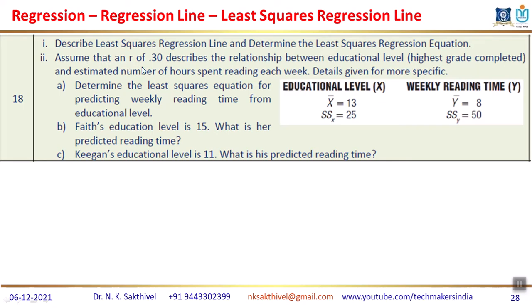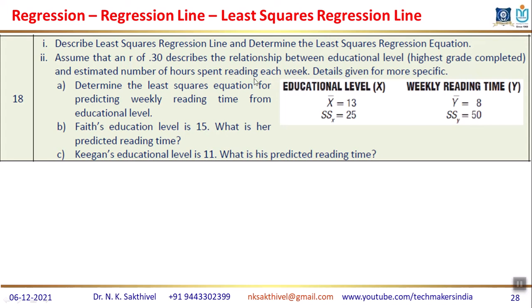Assume that r equals 0.3. So what is r? R is the correlation coefficient. So r is equal to 0.30, given. Then describe the relation between education level, that is the highest grade completed, and the estimated number of hours spent reading each week.